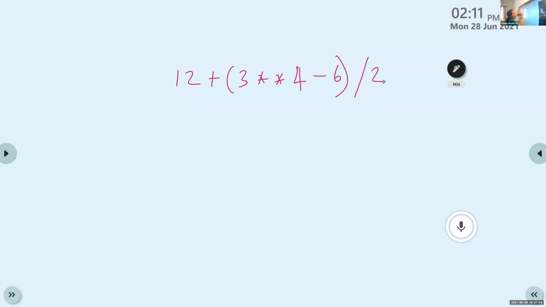Anish, what is the result? Ma'am, could you please repeat once more? 12 plus 3, which one is this operator? 3 exponent 4. Double star is known as exponent. Exponent 4 minus 6 by 2.